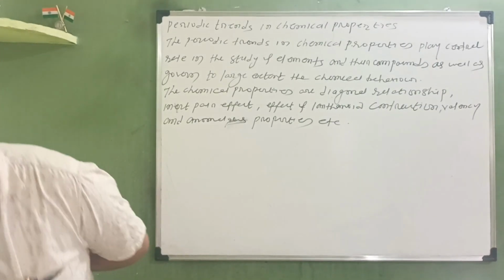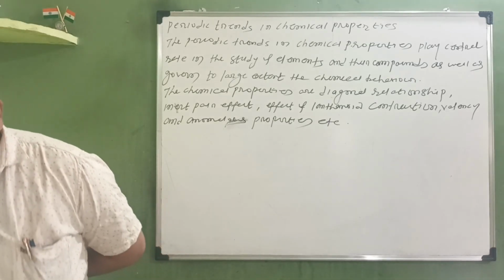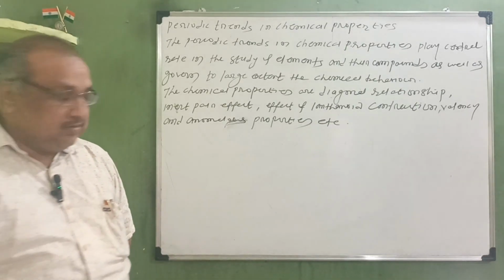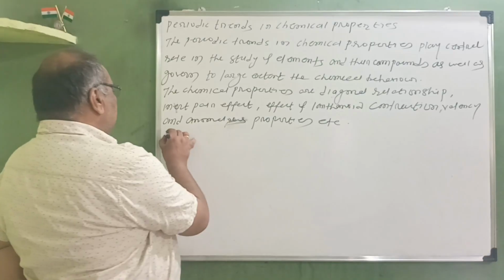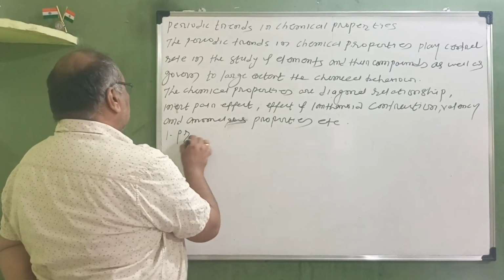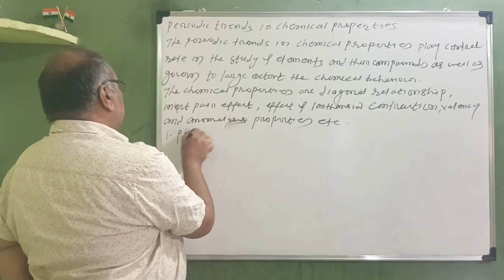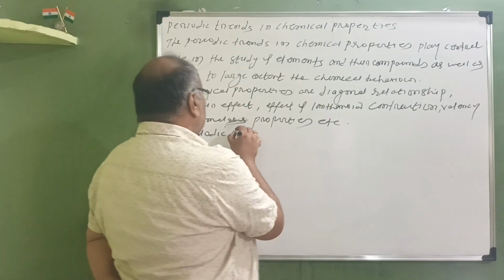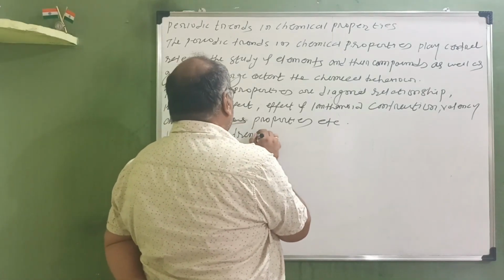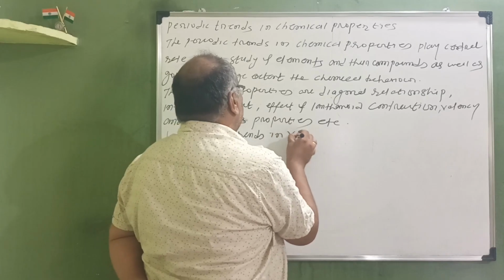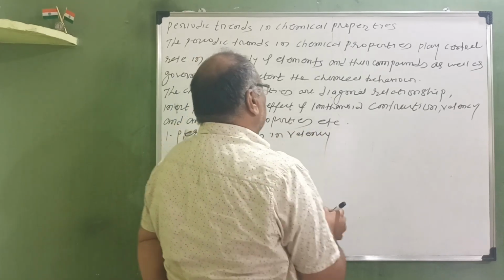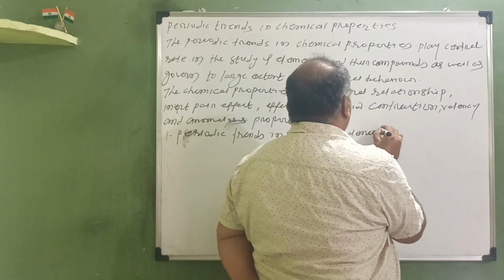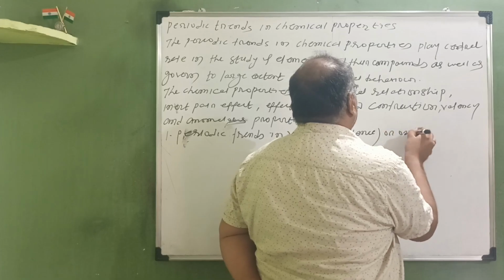Now here write down first periodic trends in valency, which is also called as valence or oxidation state.